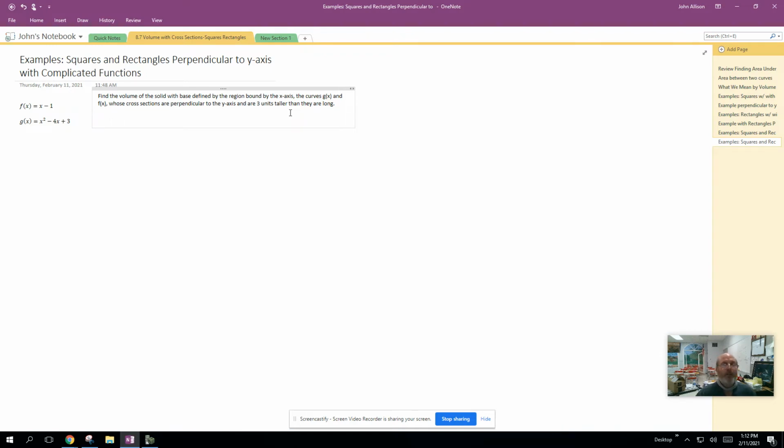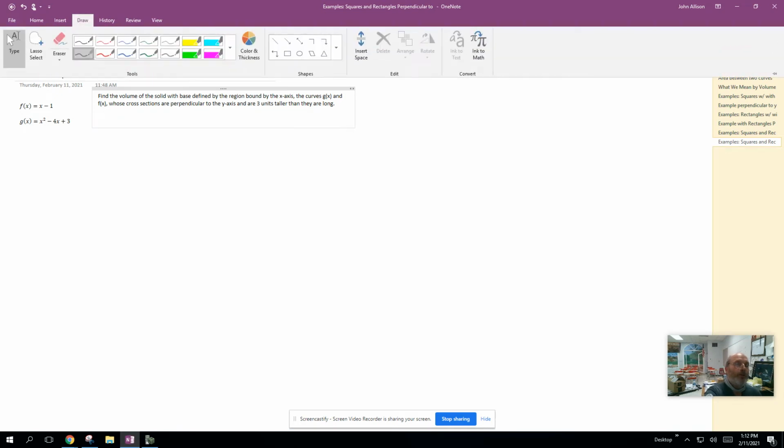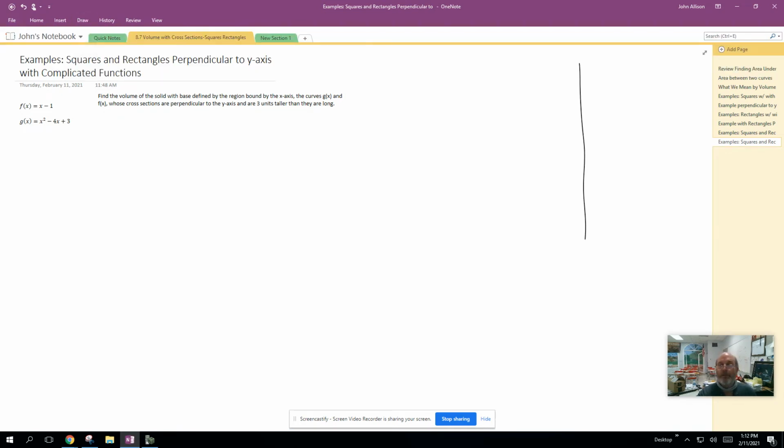So this time I have a quadratic. Just going to draw. And this one we know is x minus 3 times x minus 1. We can factor that. So we know it intersects the x-axis at 3 and 1. And it's a quadratic, so it comes down like this.